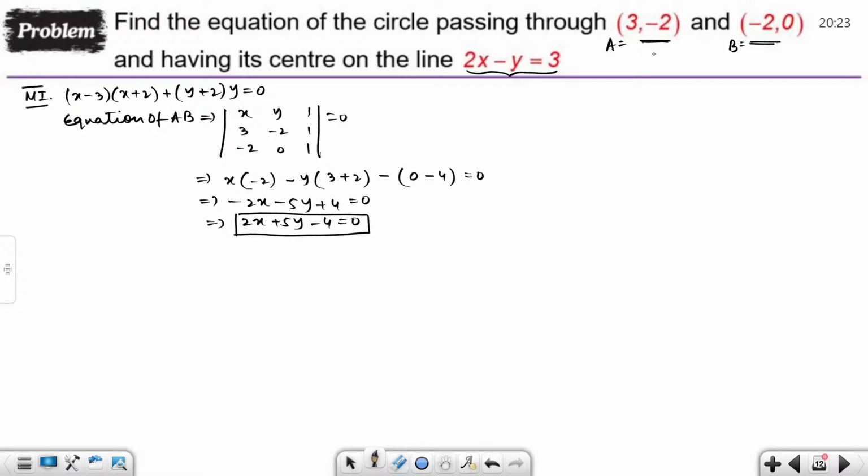Now, any circle which is passing through these two given points is the same as the circle which is passing through the point of intersection of this circle and this line. So the family of circles will be, is it clear? So let me just write it in the general form.